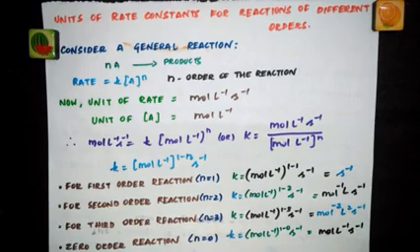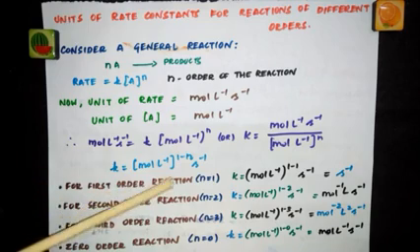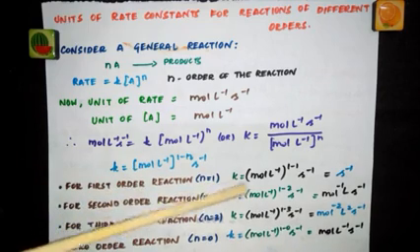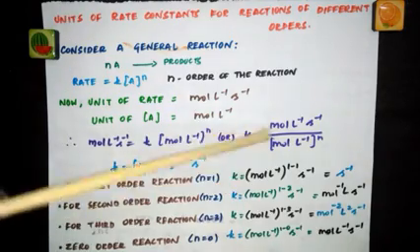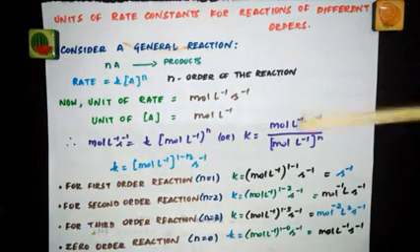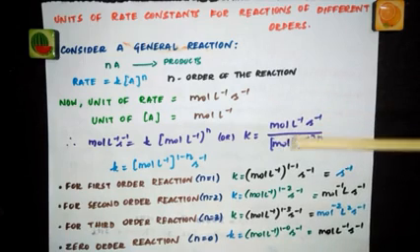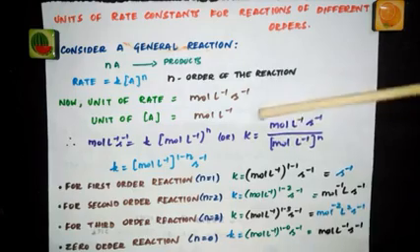So if you want the unit for a first order reaction, put n is equal to 1. So what will be the unit of K? K is equal to, keep it as such, mole liter inverse second inverse divided by mole liter inverse power 1. So in the numerator you have mole liter inverse.